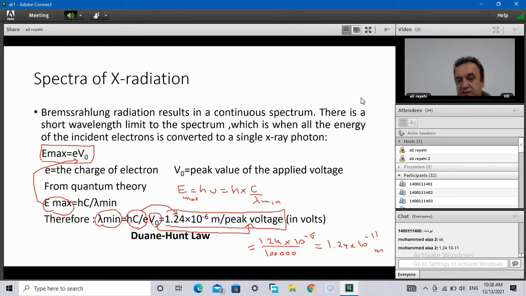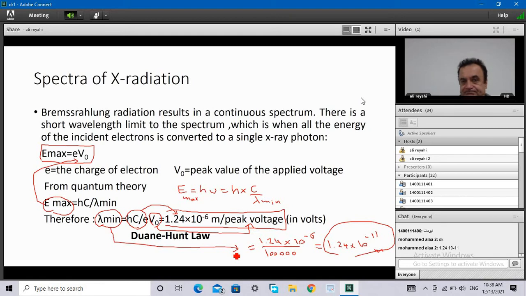It is the range of wavelengths we have for X-ray. It was an example. In my examination, I will give you another voltage, and you can easily calculate lambda minimum.